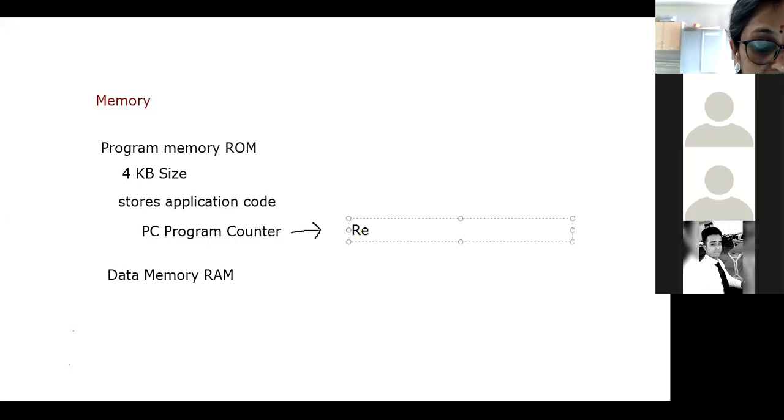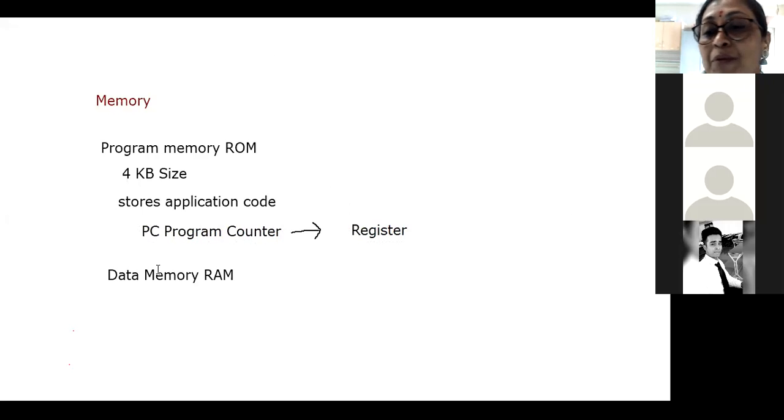So what is its function? Tell me. Yes, Vedant, what is its function? What is function of program counter? What it does? It points the address. Which address? Instruction address.